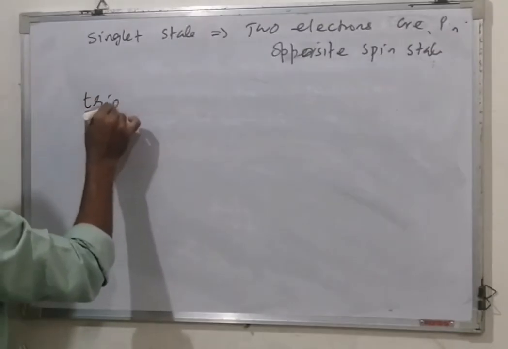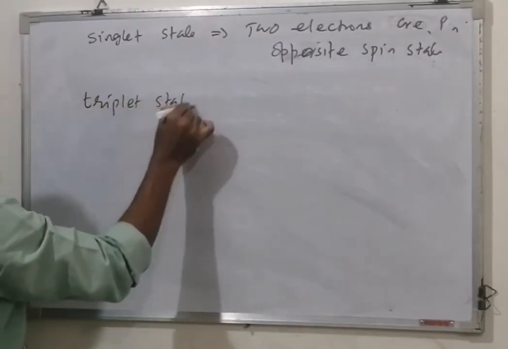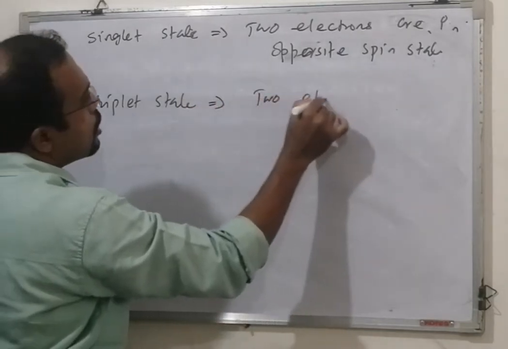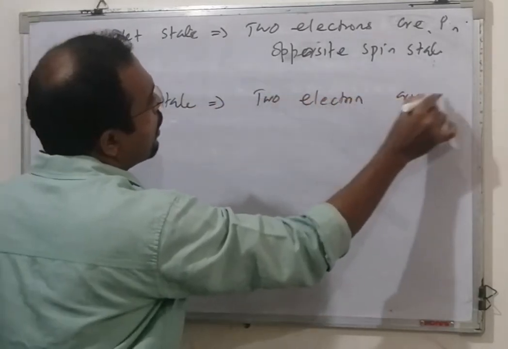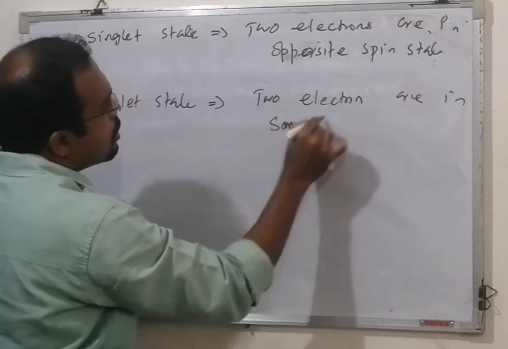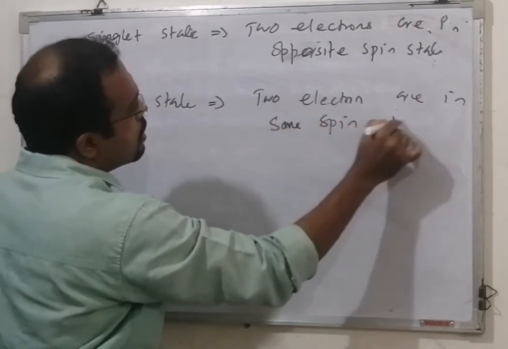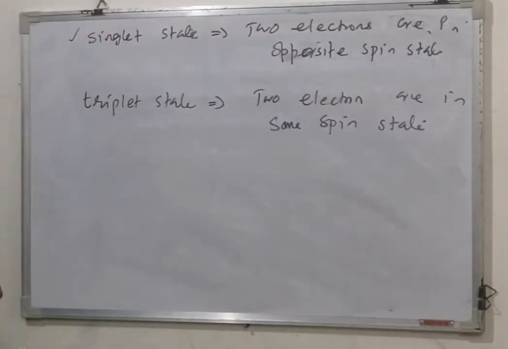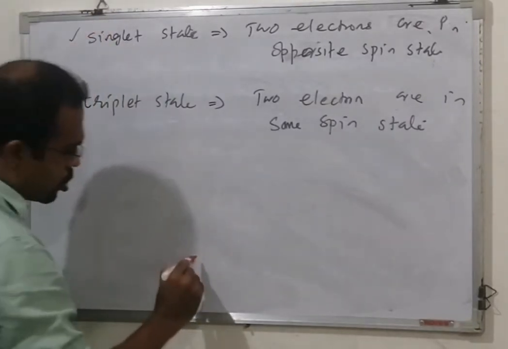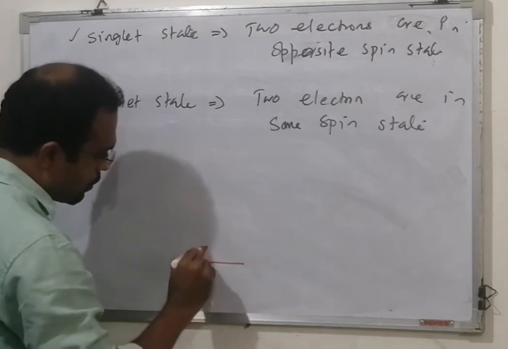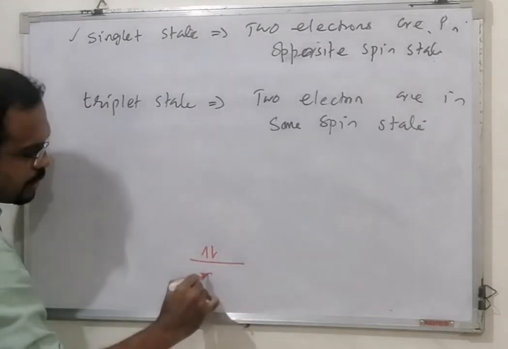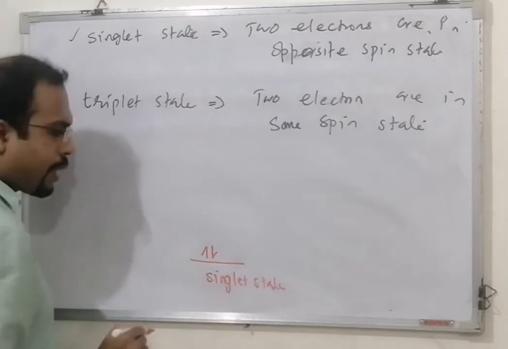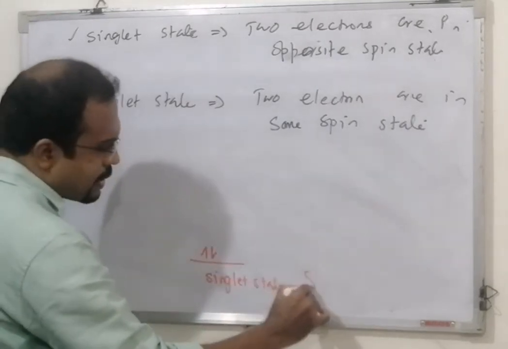Triplet state is when two electrons are in the same spin state. Normally, this is the normal case. Suppose the electrons in an orbital are like this; that is called a singlet state, where S is equal to 0.